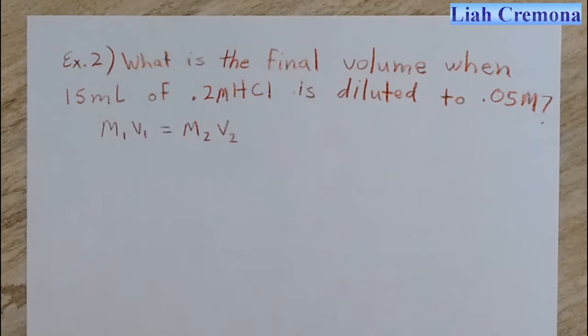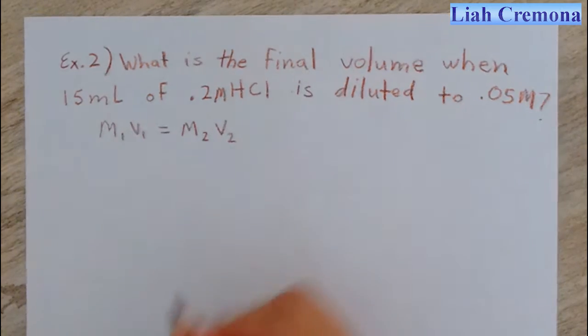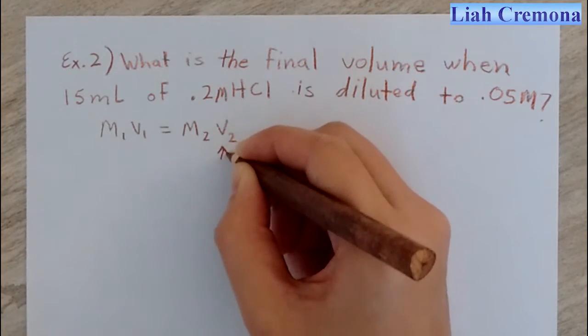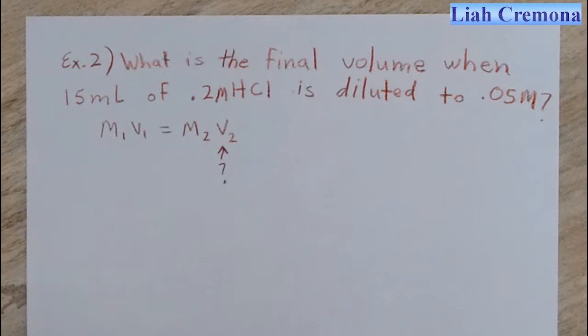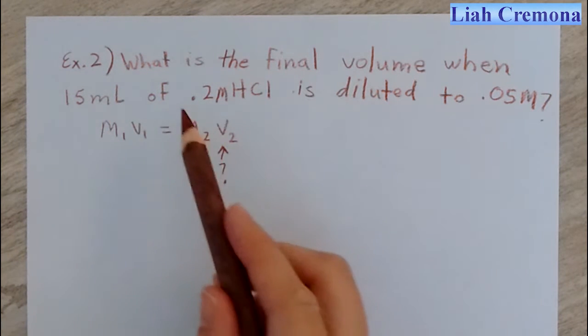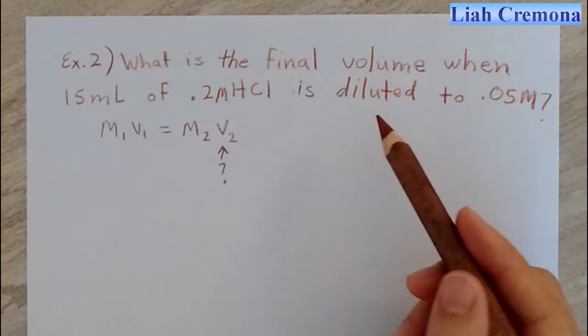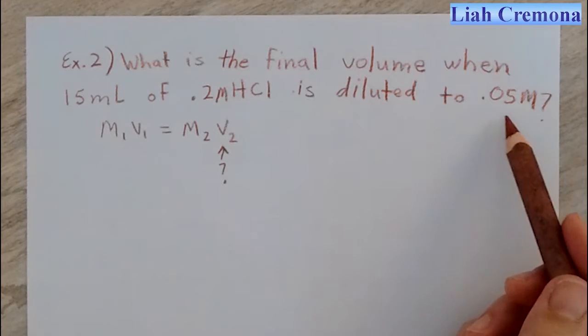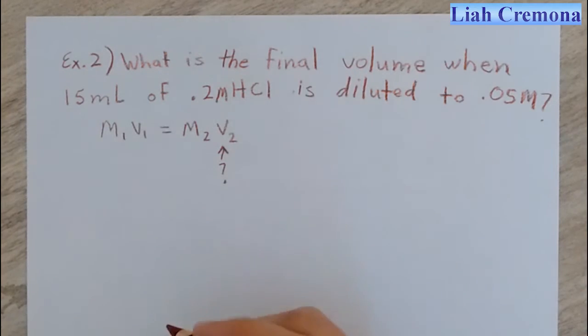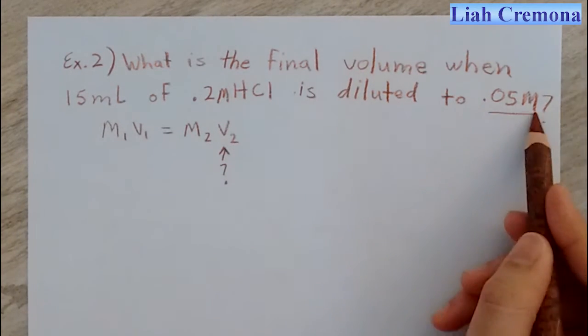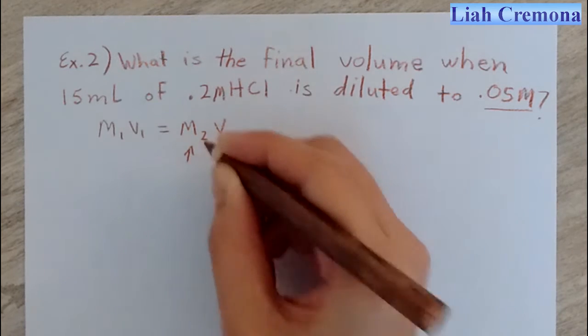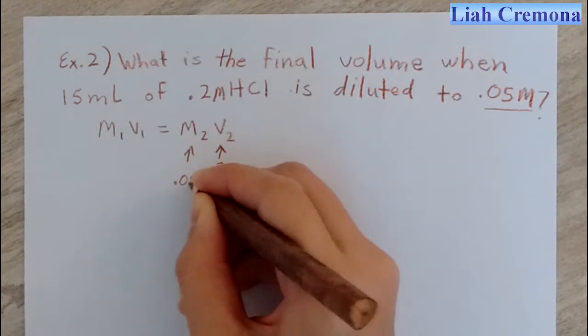Right here, we're looking for what is the final volume. So final volume, V2, is the question. So here, 15 milliliters of 0.2 concentration is diluted to 0.05 concentration. So this is the end concentration, 0.05.